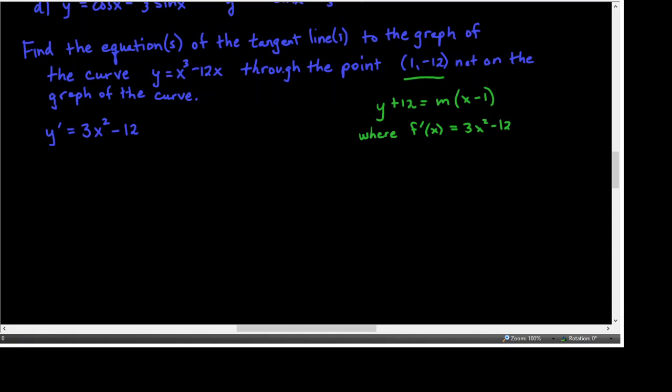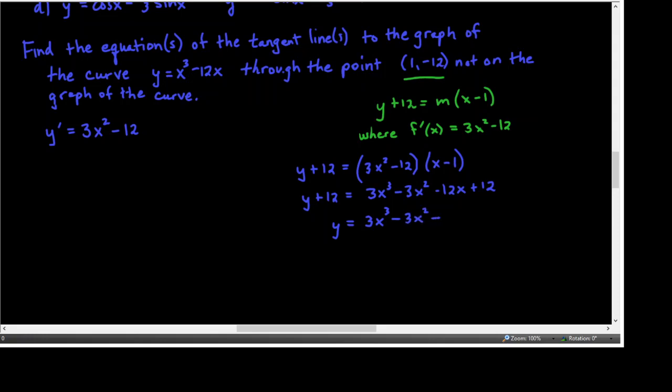So if for a minute we take out the m and in its place put this formula for finding the slope, 3x squared minus 12, times x minus 1, then we could multiply those two binomials together, which would give us 3x cubed minus 3x squared minus 12x plus 12, which, if we subtract 12 from both sides to get y by itself, will leave us with y equals 3x cubed minus 3x squared minus 12x.